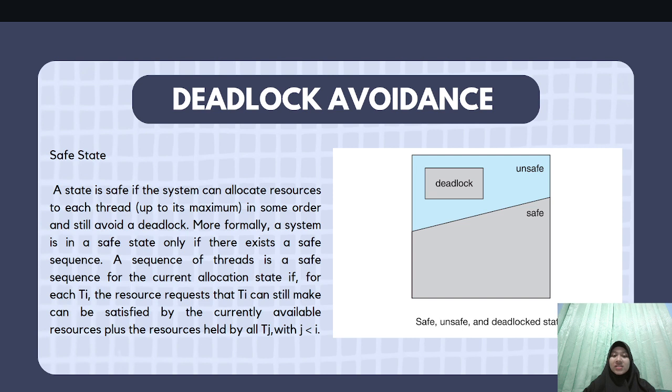A sequence of threads is a safe sequence for the current allocation state if, for each Ti, the resource requests that Ti can still make can be satisfied with the currently available resources, plus the resources held by all Tj with j less than i. Like in the picture here, here is an example of safe, unsafe, and deadlock state spaces.